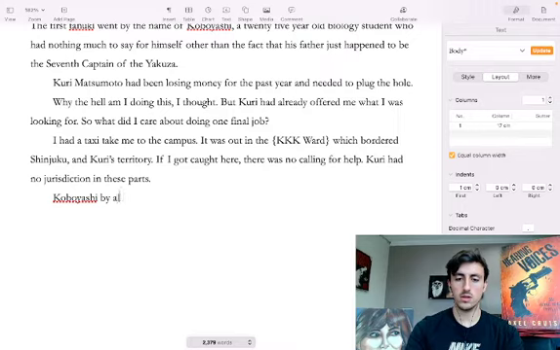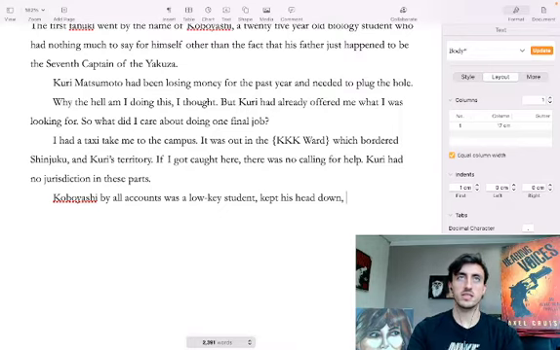Kobayashi, by all accounts, was a low-key student. Kept his head down. He's basically an easy mark, is what I'm trying to say here, right?